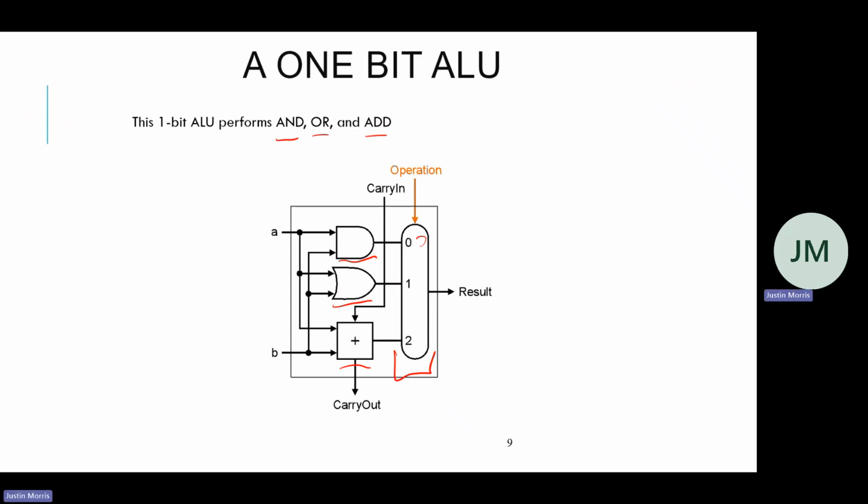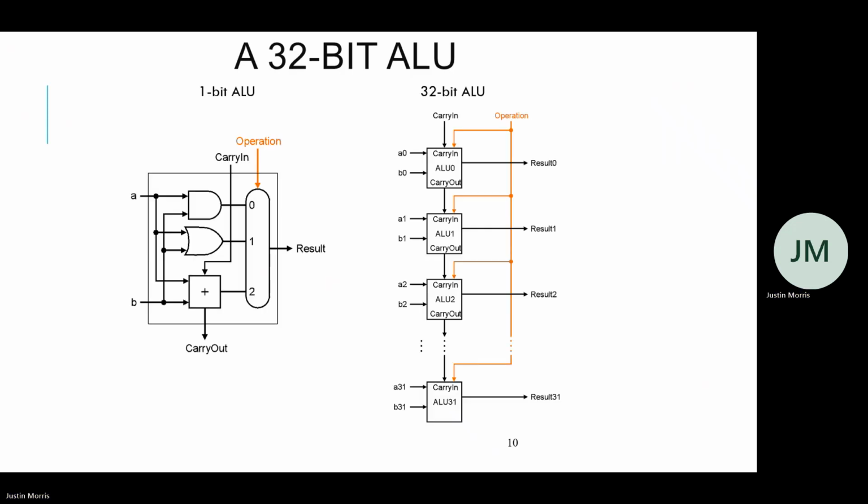Yes. So then to extend this beyond 1 bit, because this is just 1 bit, right? 1 bit is not very useful most of the time. We want more. So if we wanted to extend this, what we would need to do is take that small function block, copy and paste it, say 32 times, right? So if you were to do this in something like VHDL, you would use structural modeling.